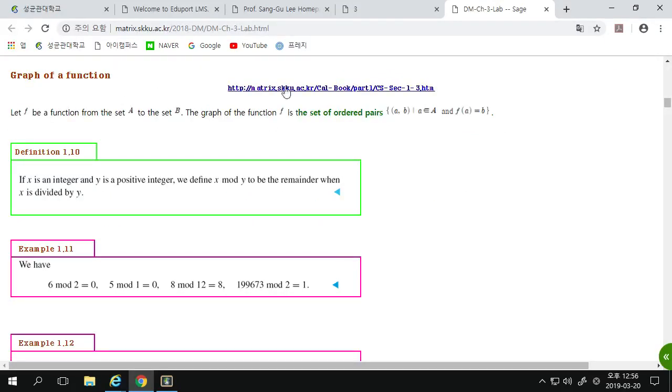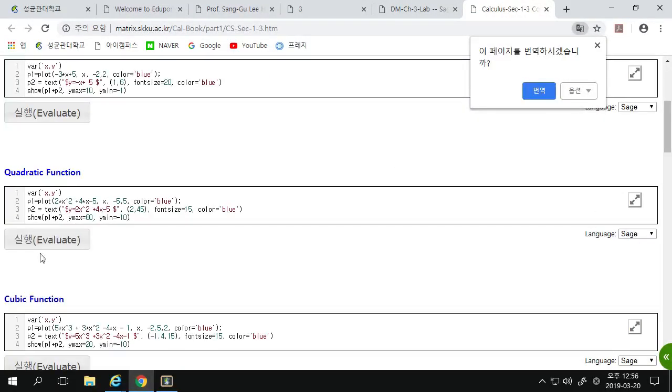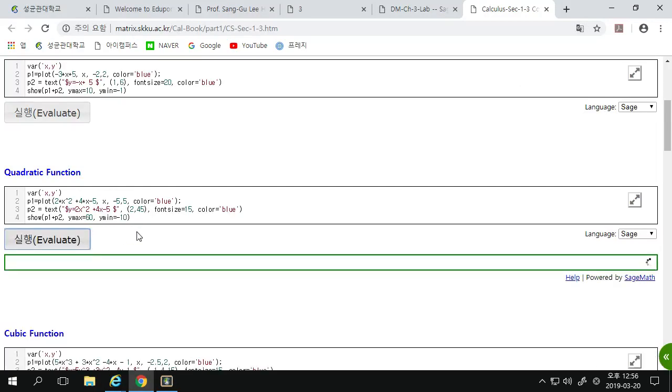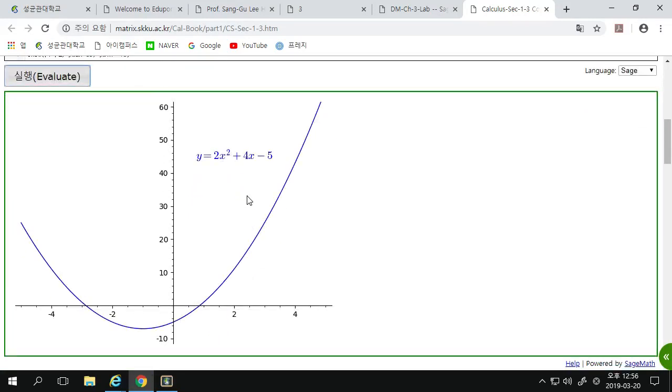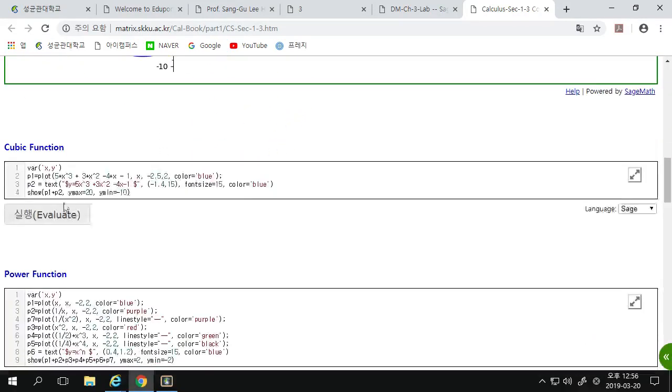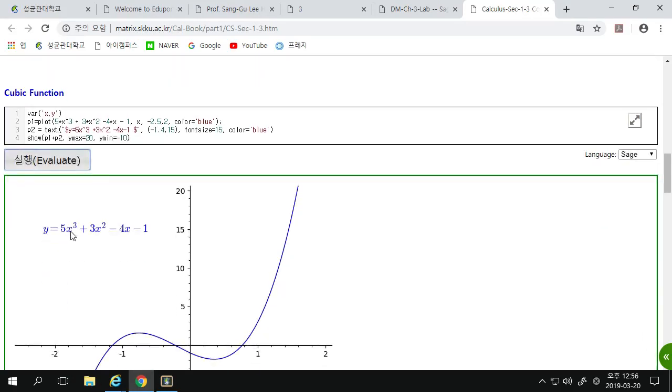Next, graph of functions. You have learned how to draw the graph for quadratic functions, and this is one of the examples of functions. Cubic functions can be drawn too, such as 5x cubed plus 3x squared minus 4x minus 1.